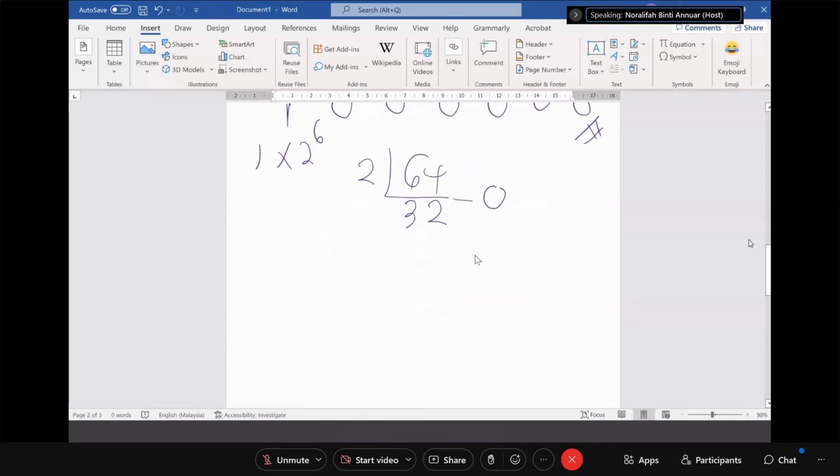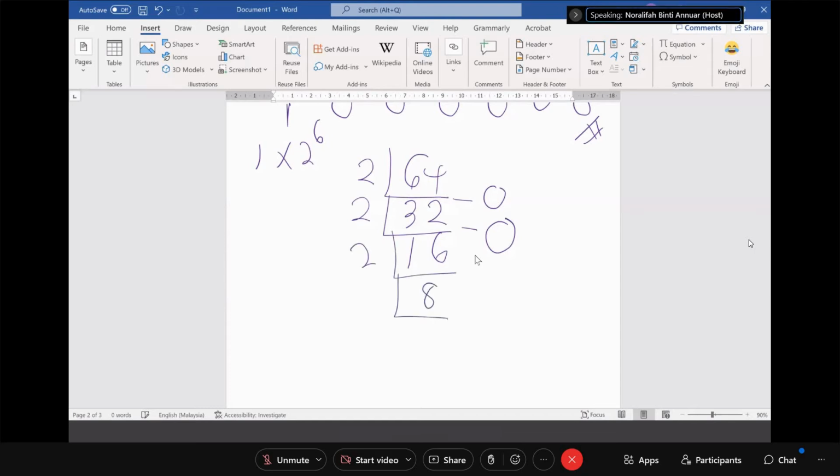Now, you kena divide dia sampai you dapat kosong. 32 bahagi 2 berapa? 16 kan? Multiply by 2, you get 32. There's no remainder. 8 kali 2, 16.